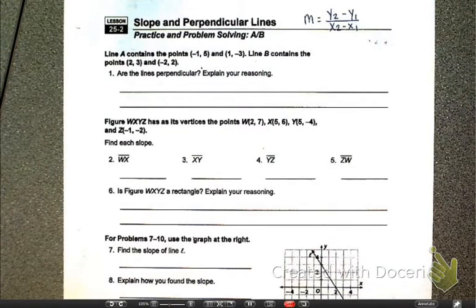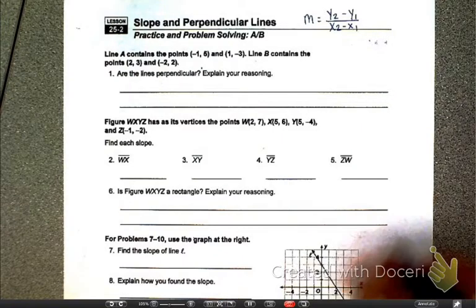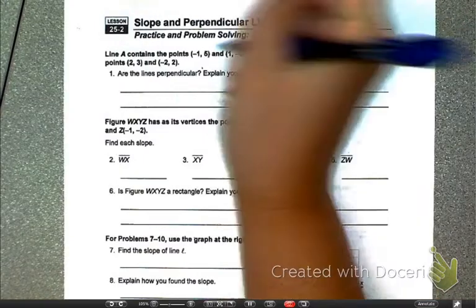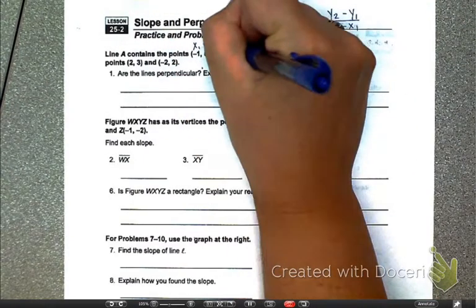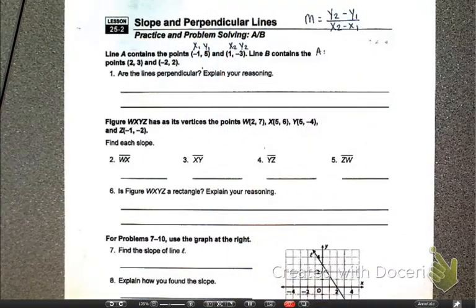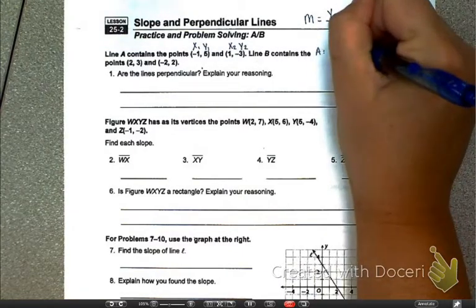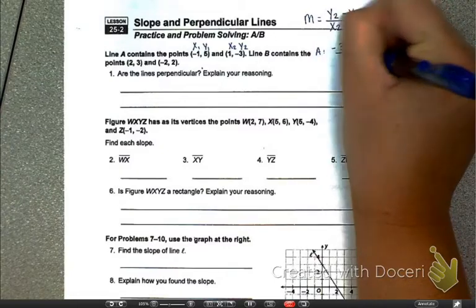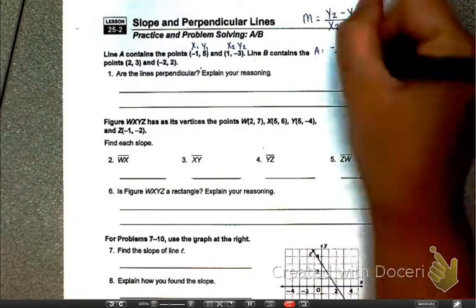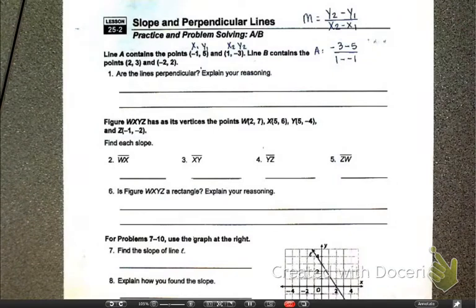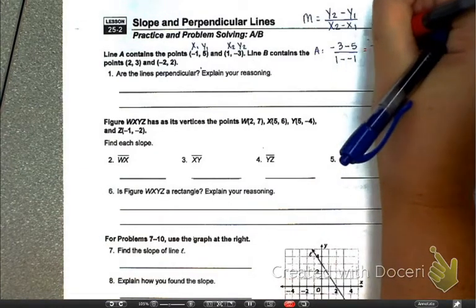Let's find the slope of line A and line B. Okay, we'll just do it together. I'm going to label x1, y1, x2, y2. So line A is going to be -3 minus 5 over 1 minus a -1. -3 minus 5 is -8.